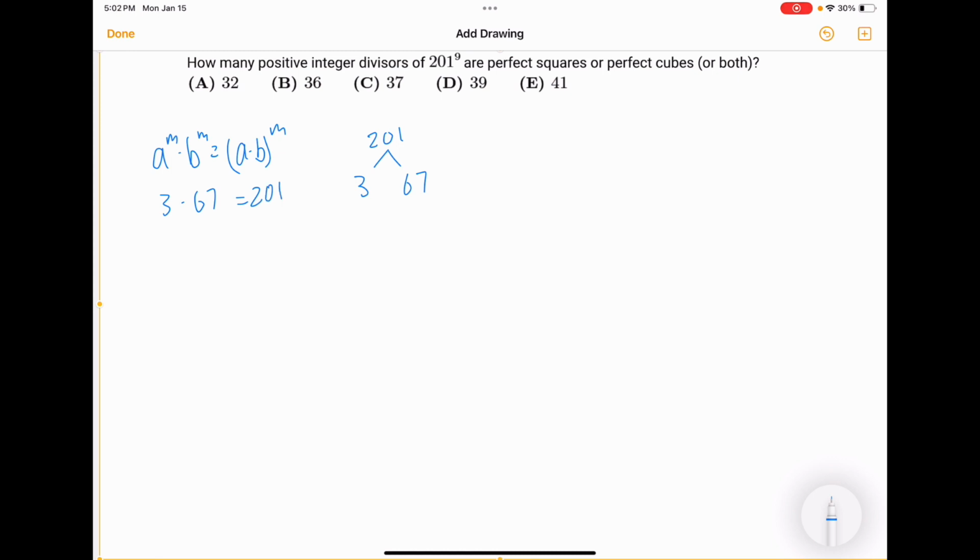But the question is 201 to the 9th power. So looking back at the factoring rule, we see that to satisfy this equation, we will need to make the exponents of 3 and 67 9.